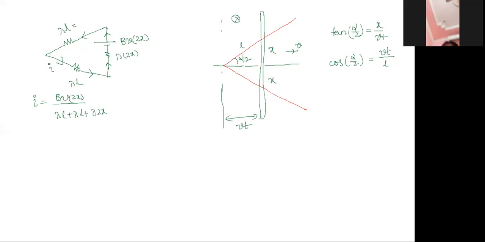Use a triangle. Any answer? Sorry, mgR sin omega t by BL. mgR sin omega t by BL, sin omega t by BL, minus B by BLR.